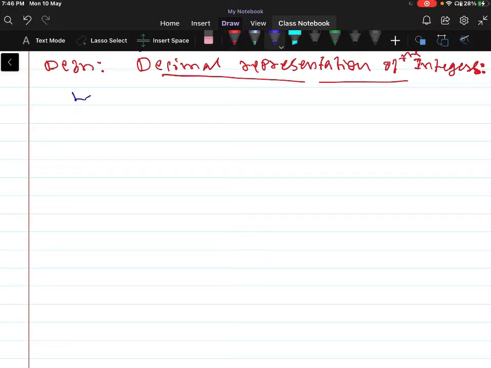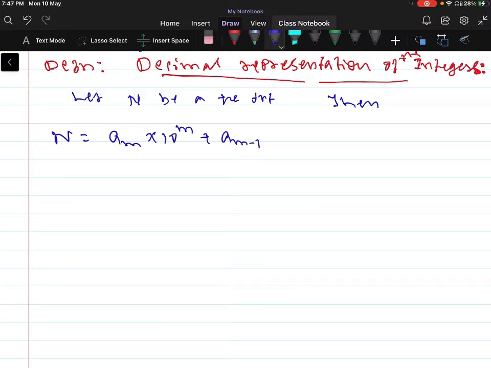Let n be a positive integer, then n can be written as a decimal expansion, that is a_m into 10 power m plus a_(m-1) into 10 to the power of m minus 1 plus and so on, plus a_1 into 10 power 1 plus a_0 into 10 power 0.